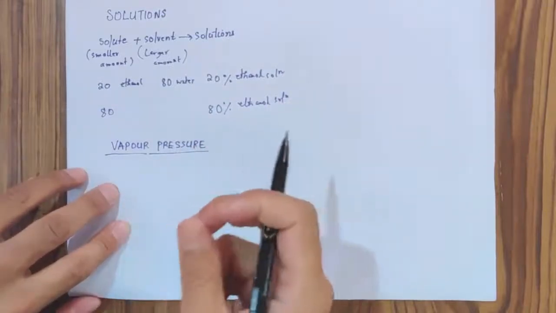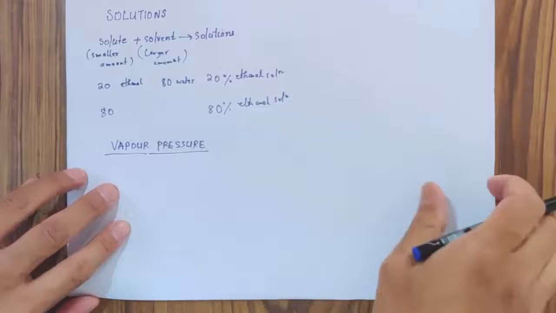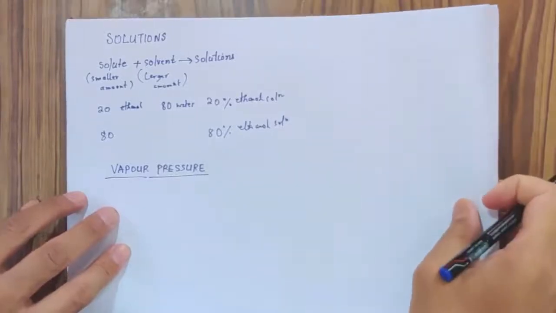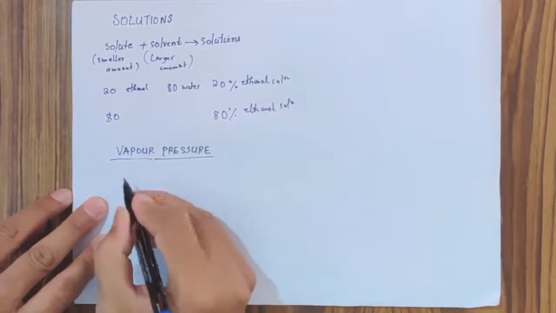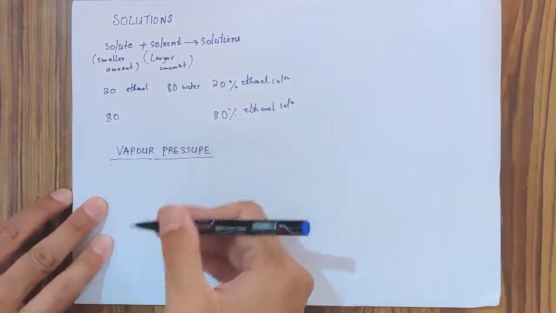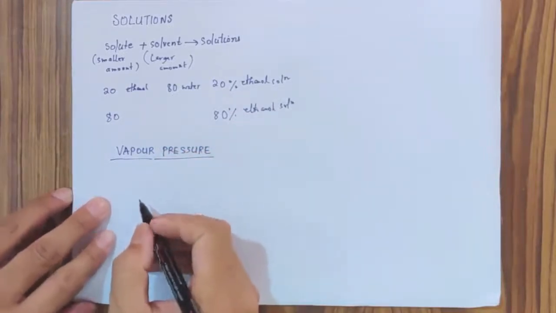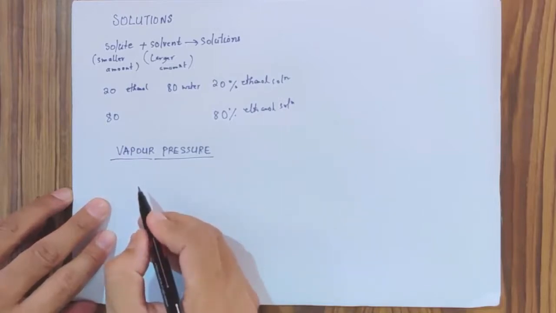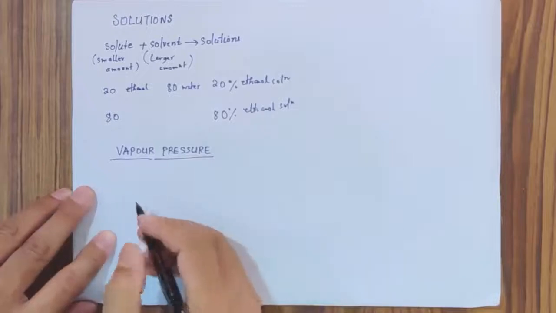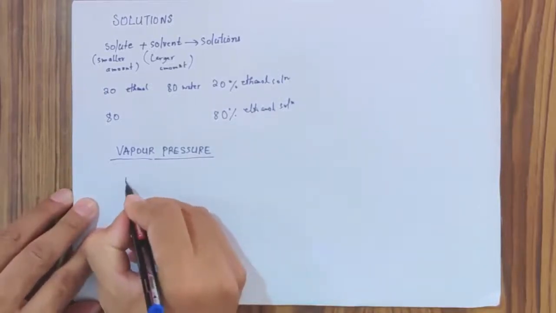Pressure caused by evaporation of liquid. What is vapor pressure? The formal definition is this.